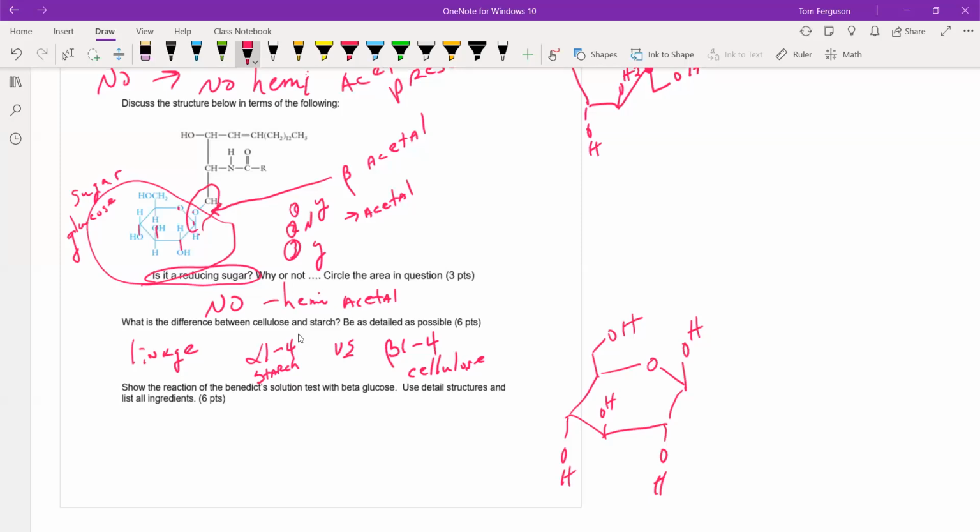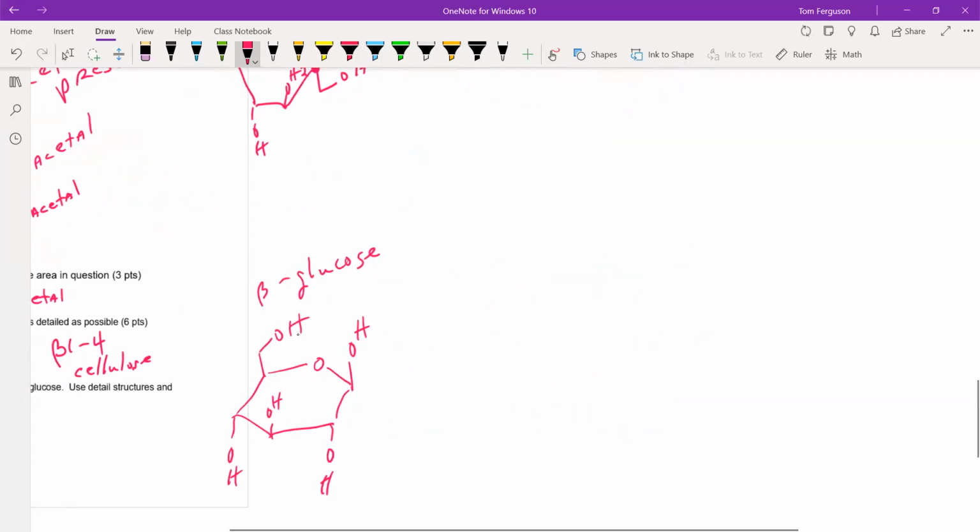So that is beta glucose. And because that's a hemiacetal, it can open up to an aldehyde.